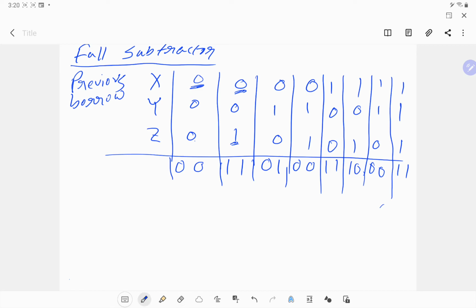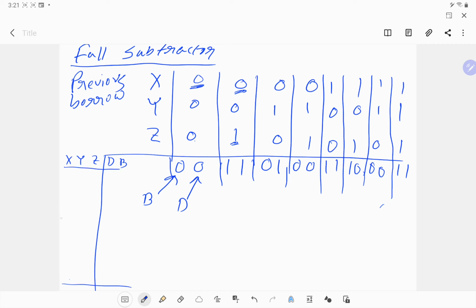So what will be the truth table? The first one is the borrow for B, and the second one is the difference for D. So the truth table will be X, Y, Z. We have difference, we have borrow.